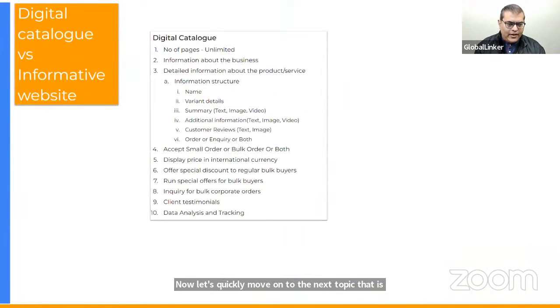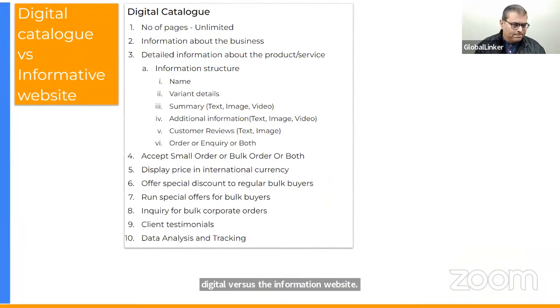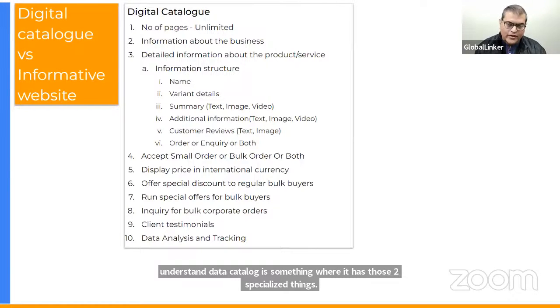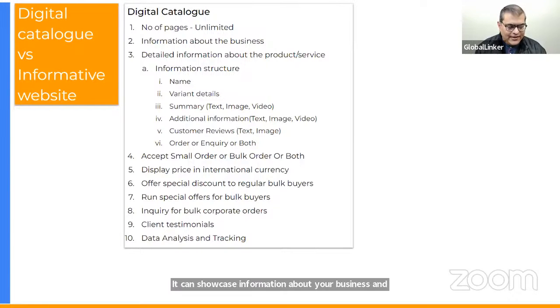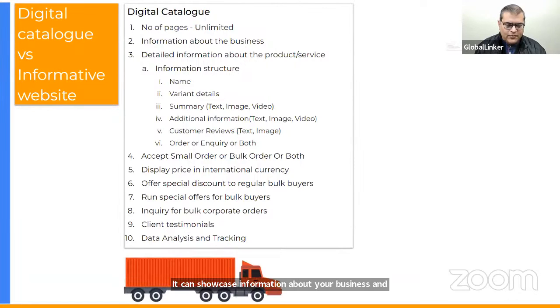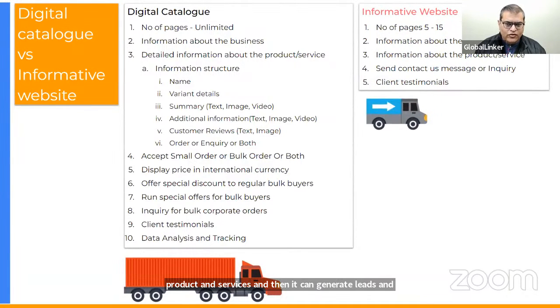So digital catalog and information website, obviously we understand digital catalog is something where it has those two specialized things. It can showcase information about your business and product and services, and then it can generate leads and inquiries. So this is where we have done a quick comparison of an information website with a digital catalog.